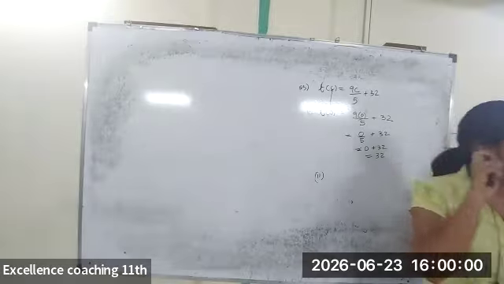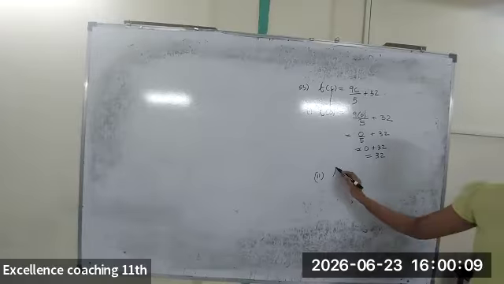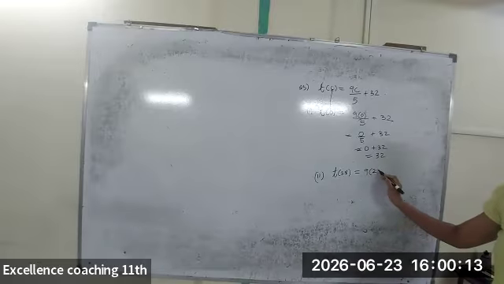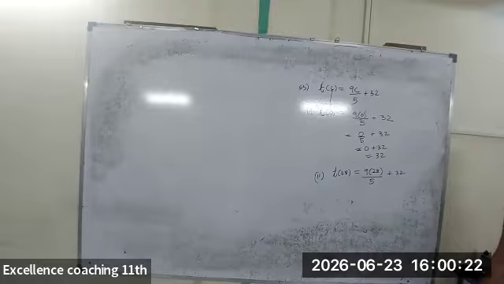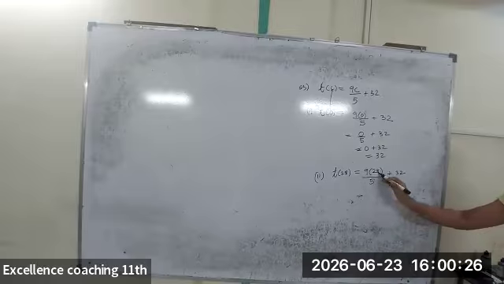Second one. C of 28. So first you can check whether you can cancel out anything. You cannot cancel anything, so you'll have to multiply 9 into 28.